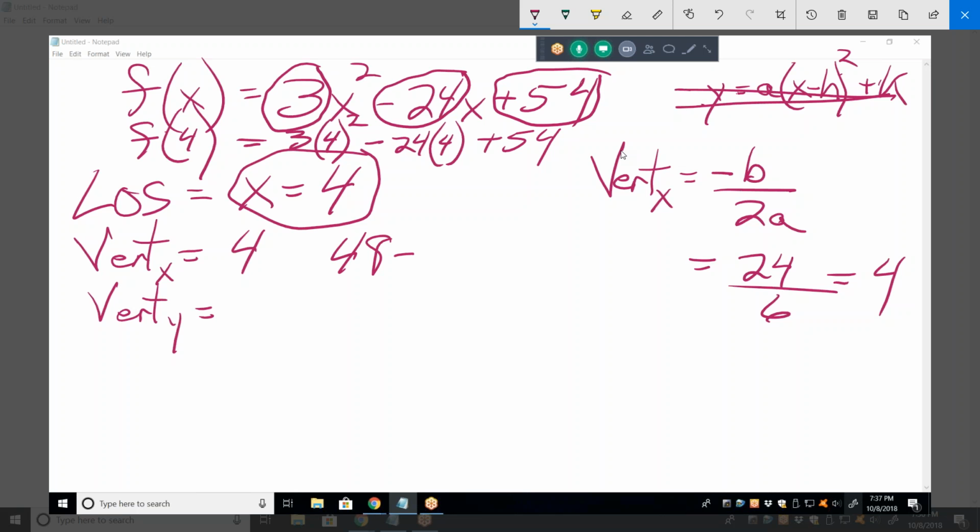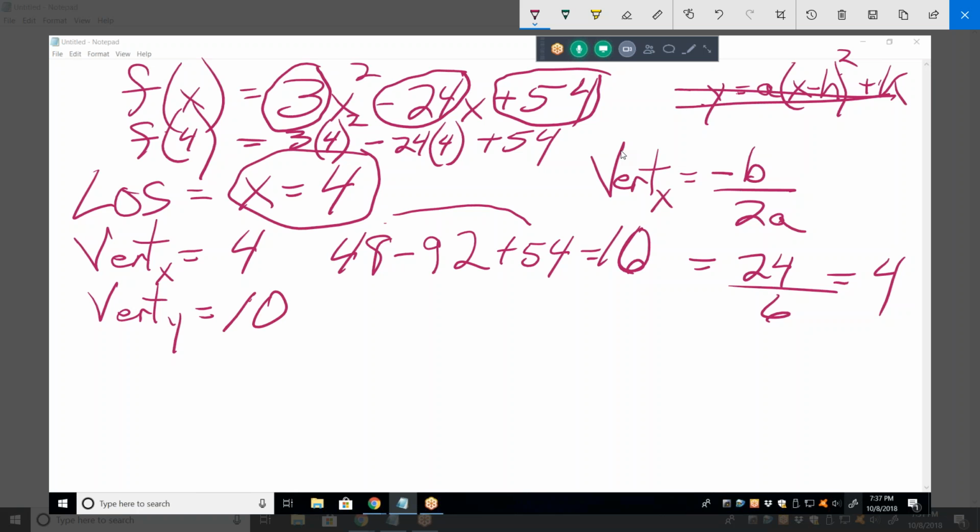Minus 4 times that's 92. Plus 54. I think that's plus 6. Yep. Oh, no. No, it's not actually. It's plus 10. In other words, the 48 and the 54 add to 102. 102 minus 92 is 10. So that comes out to be 10.